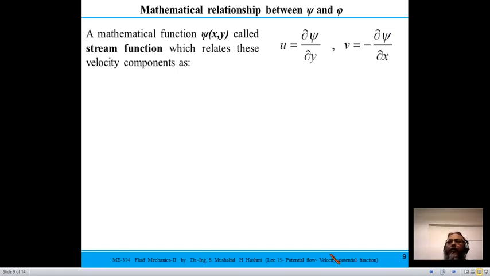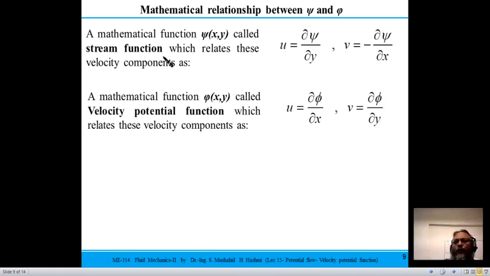And we can see it mathematically, the relationship is simple because we have already defined the stream function, and we can work out the velocity component u if you differentiate with respect to y. Similarly, if you differentiate the stream function with respect to x, you are going to get the negative v component of the velocity in the y direction. Similarly, for the mathematical function we have given the name velocity potential function, in order to get u, you have to differentiate with respect to x, and in order to get v, you have to differentiate with respect to y.